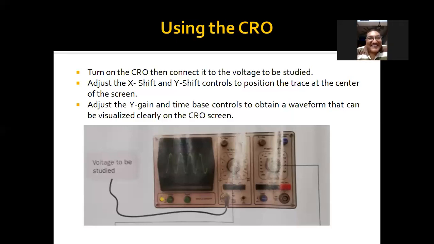On the y-axis, the voltage is represented, and its scale is controlled by the Y gain. On the x-axis, the time is represented, and its scale is controlled by the time base. I hope it's clear to you.